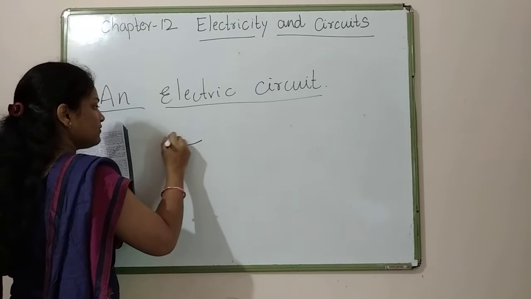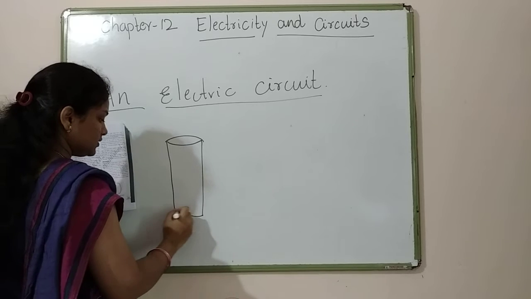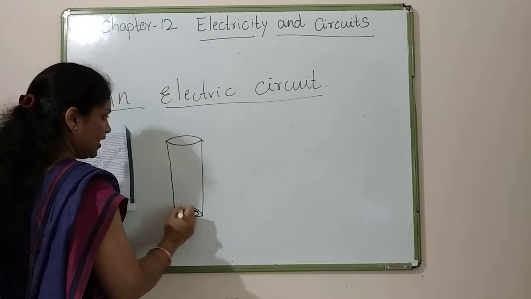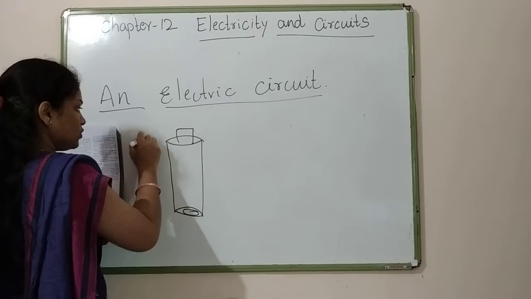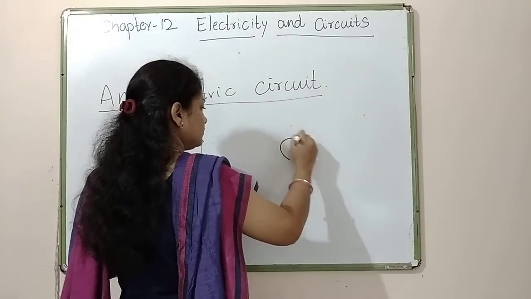Last class I explained the setup of the electric cell and the bulb, right? So this is the positive terminal and the negative terminal. So the bulb will be there.